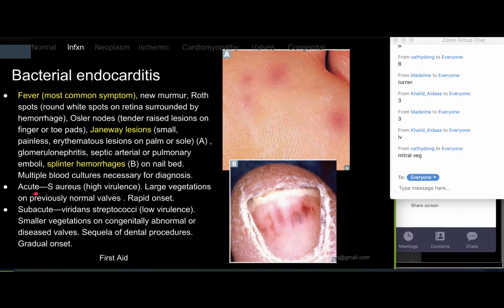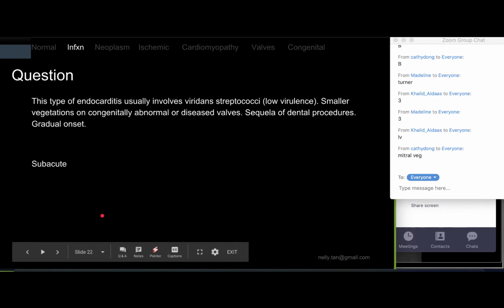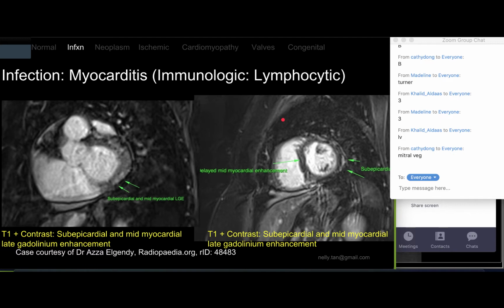There are 2 types: acute, that we typically see with staph aureus, and they get large vegetations, rapid, and then subacute, which is seen with dental procedures with oral flora, strep viridans. So subacute presents with low virulence, and we see that in patients with bicuspid valves or patients with diseased valves and after a dental procedure.